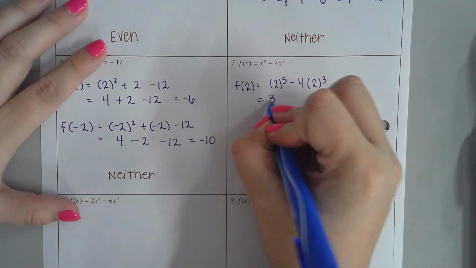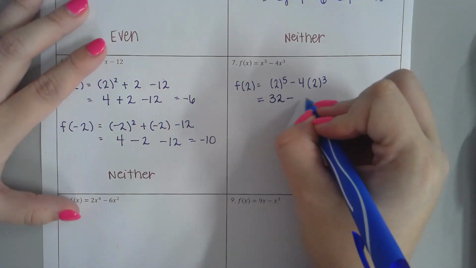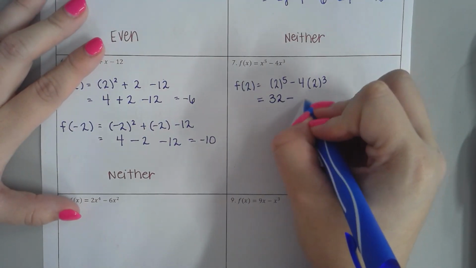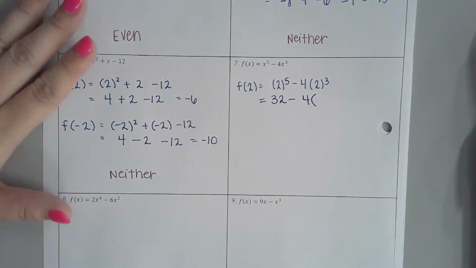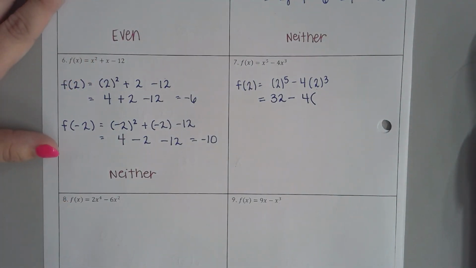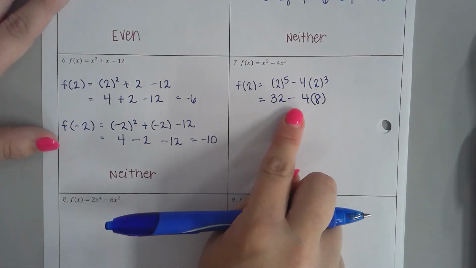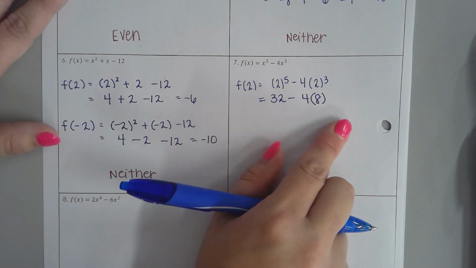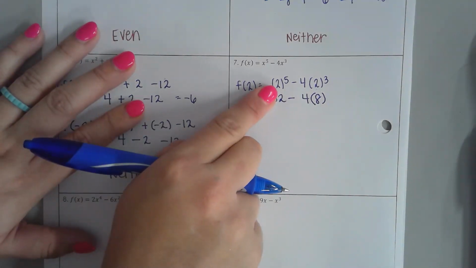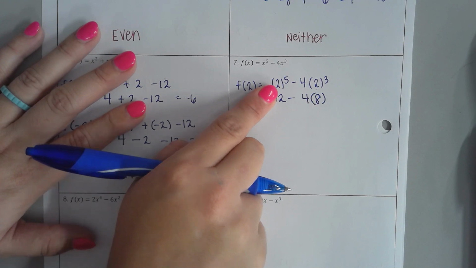So 32 minus, and then we have 4 times 2 cubed, which is 8. This one is going to give us 0. That's not going to help us. So let's pick a different number to plug in. Let's try 3.